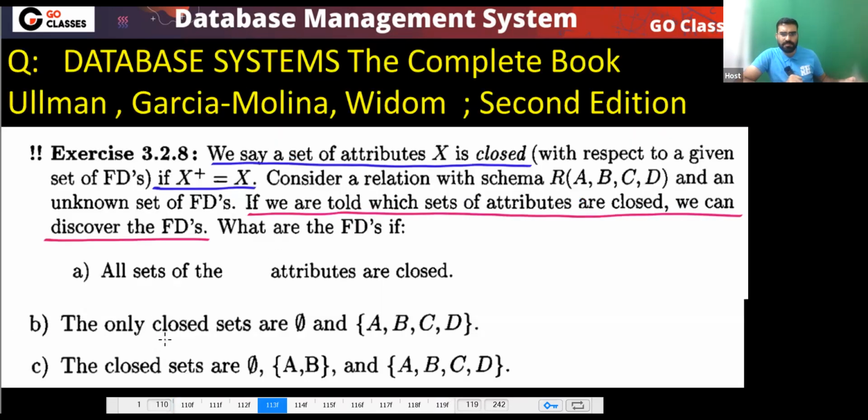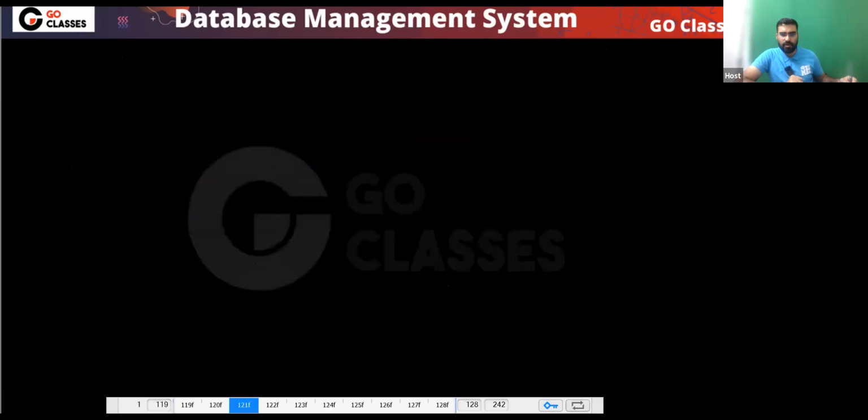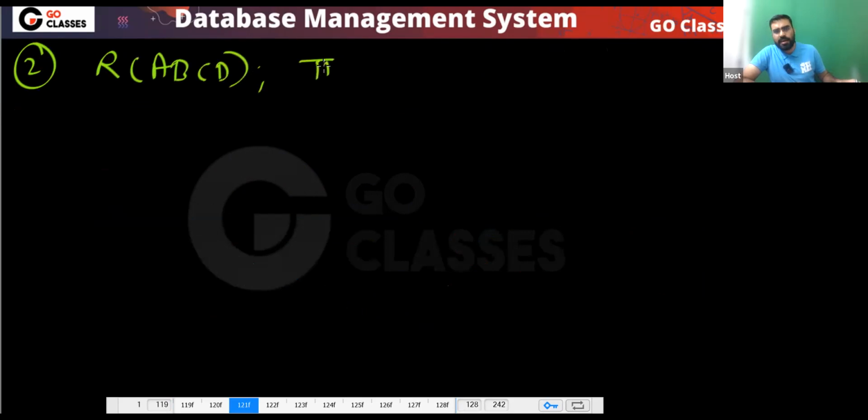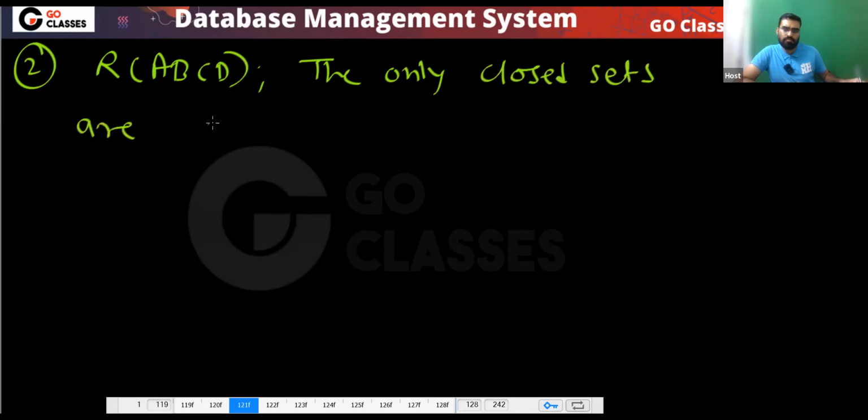Let's see the second question. The only closed sets are these. Your relation is R(ABCD), and the only closed sets are these: the trivial ones, and ABCD.